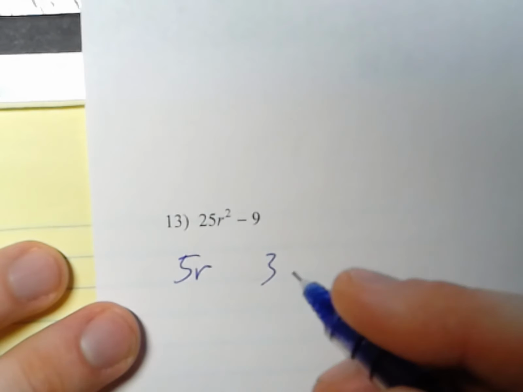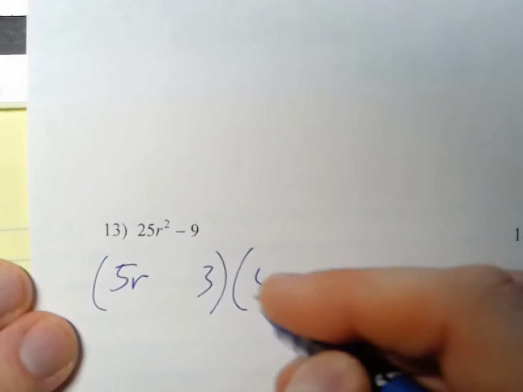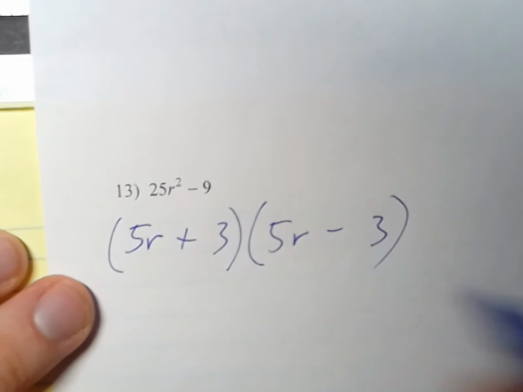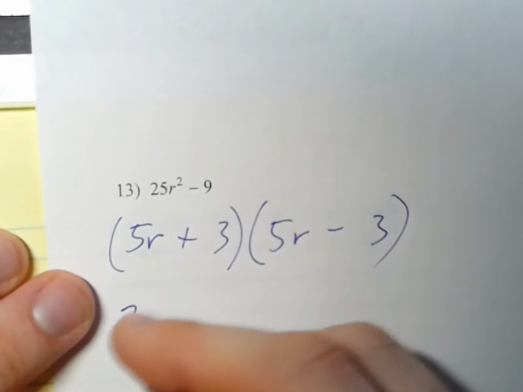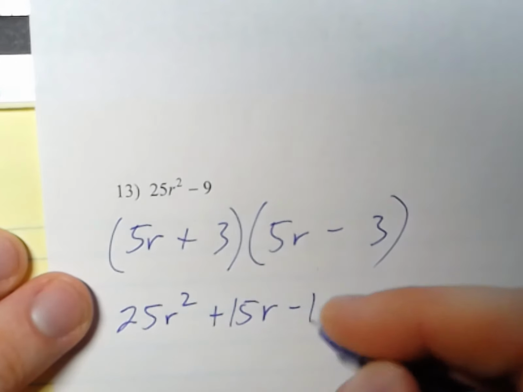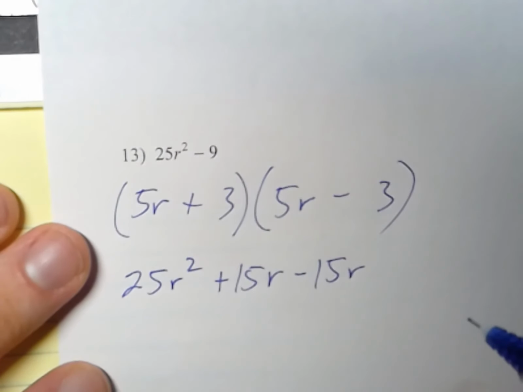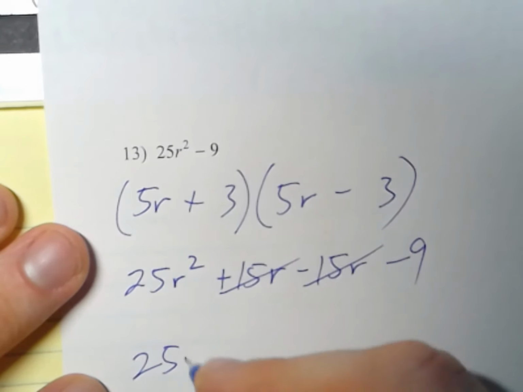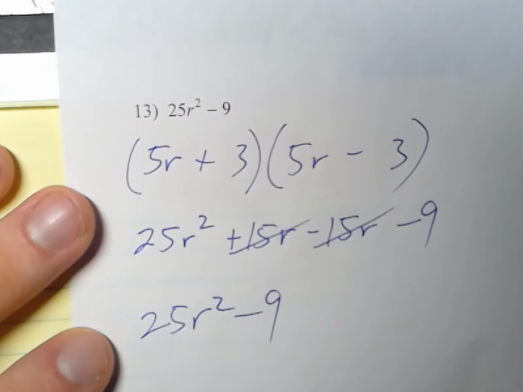And so what you're going to do here is just jump straight to the factors, and one comes with a plus and one comes with a minus. If we were to FOIL this again, we would get 25r squared. Notice that the middle two terms annihilate each other, and that's how we have what we started with.